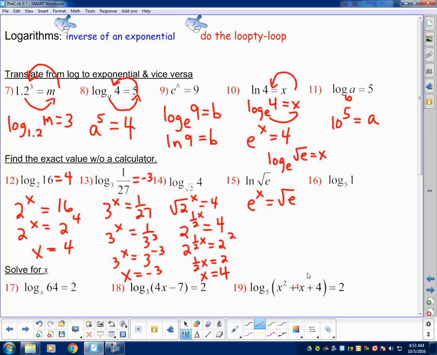If you need to do that, go ahead and do it. Then you could see by the definition how to rewrite this as an exponential equation: e to the x equals square root of e. And square root of e is the same as e to the 1/2 power. Now the bases are the same, so x equals 1/2.